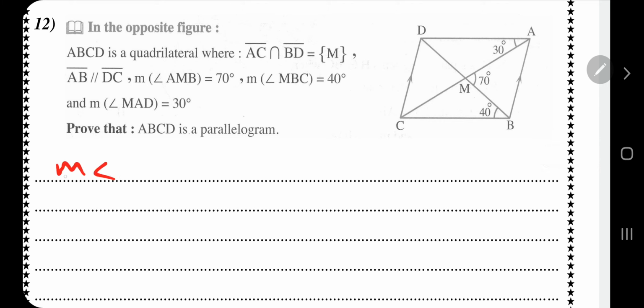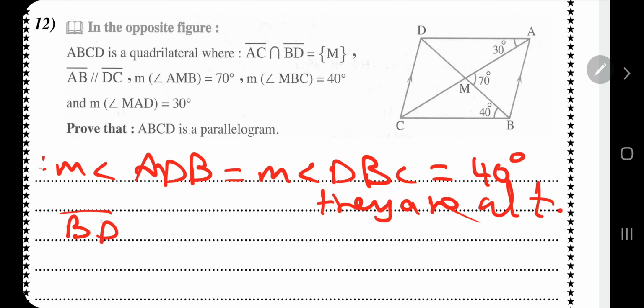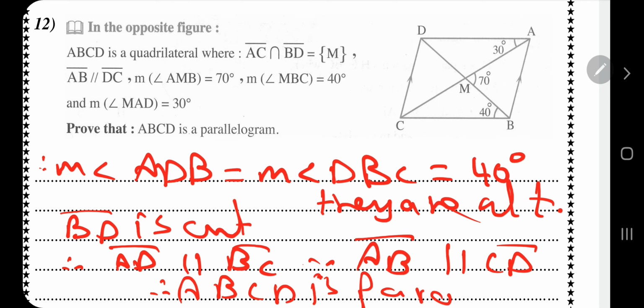Measure of angle ADB equals measure of angle DBC equals 40 degrees. They are alternate and BD is the transversal. That means AD is parallel to BC. Since AB is parallel to CD, that means ABCD is a parallelogram.